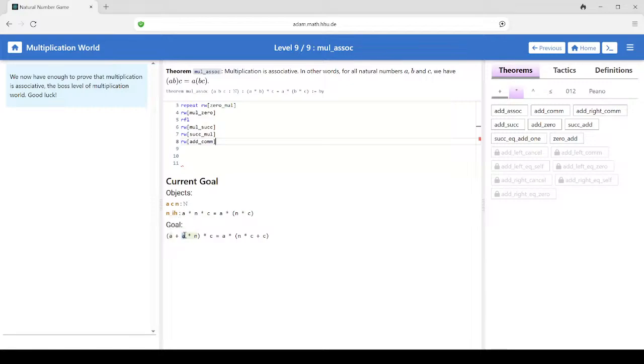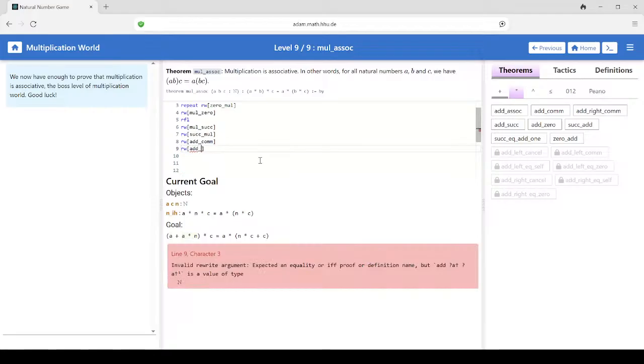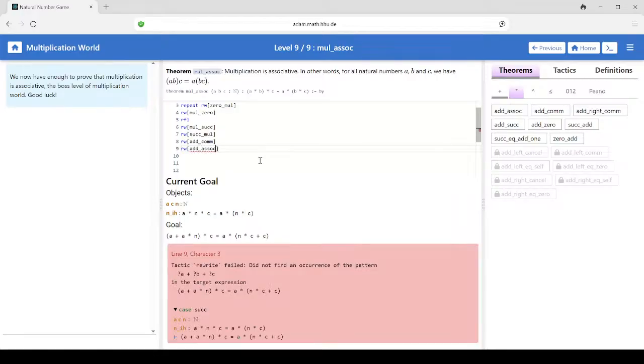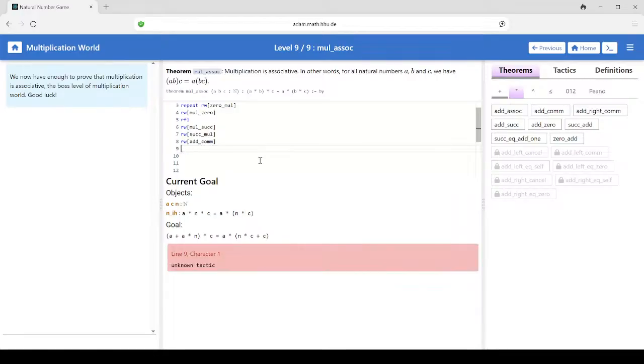Well, I guess I have these lined up. A times n times c. But I've still got these parentheses. And I don't think the associative property for addition would help me here. No, it fails. It doesn't work.